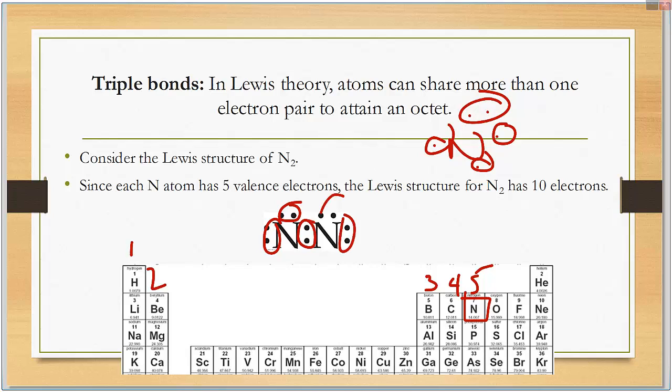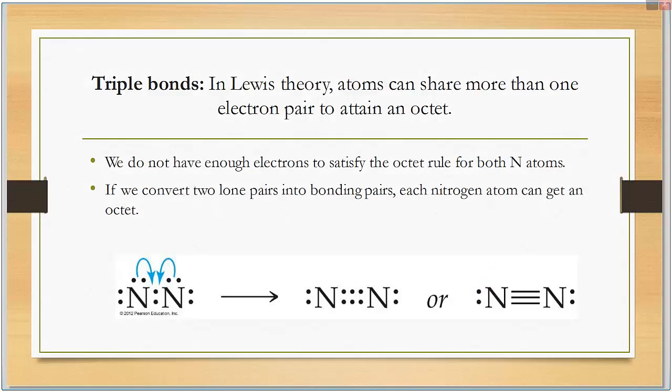They're still short electrons. So therefore, we can actually move more of those lone pairs over to form what eventually becomes a triple bond. If we convert 2 lone pairs into bonding pairs, each nitrogen atom can get an octet.